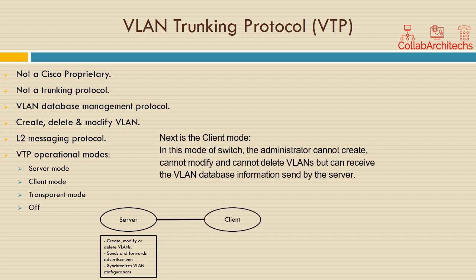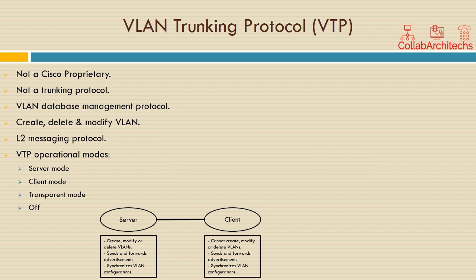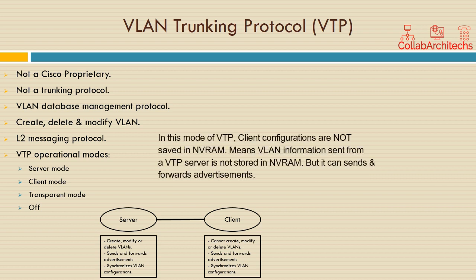Next is the client mode. In this mode, the administrator cannot create, modify, or delete VLANs, but can receive the VLAN database information sent by the server. In this mode of VTP, client configurations are not saved in NVRAM.